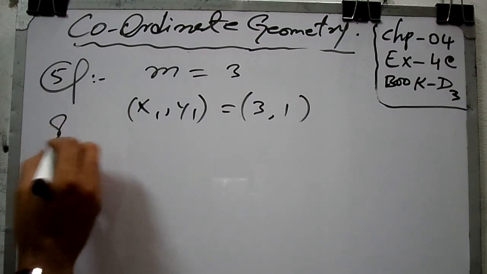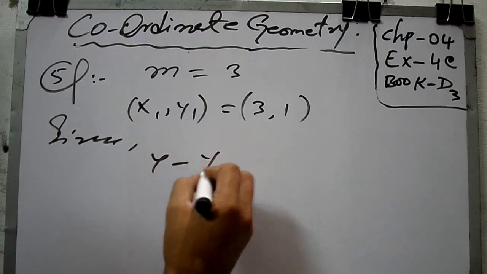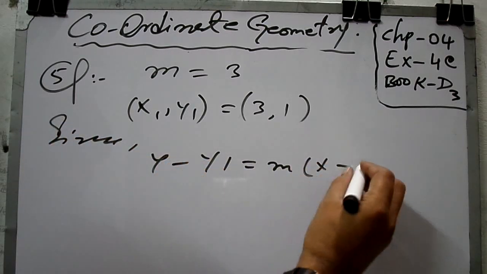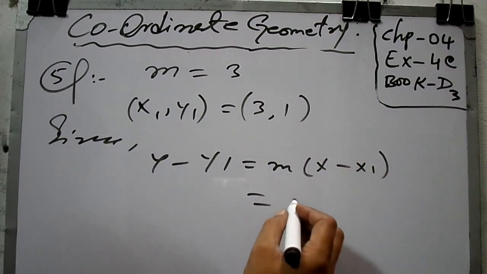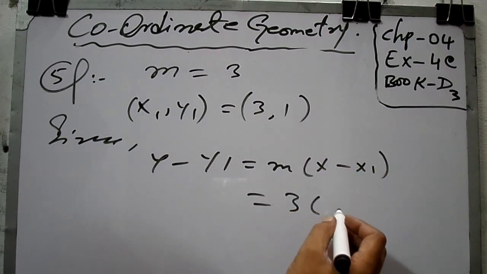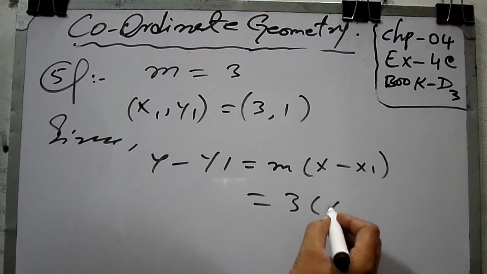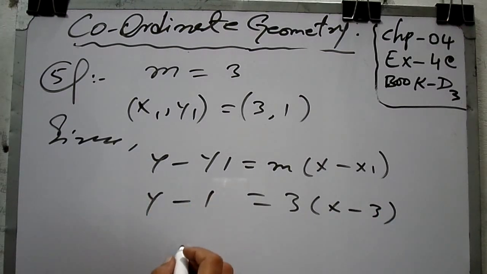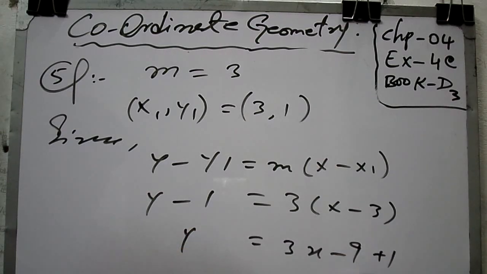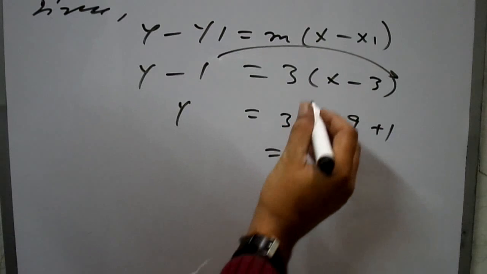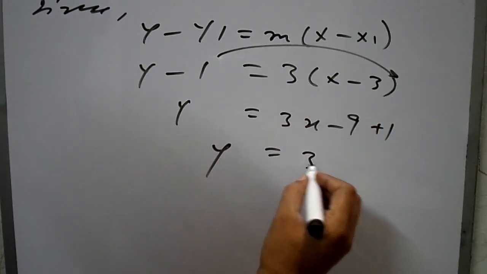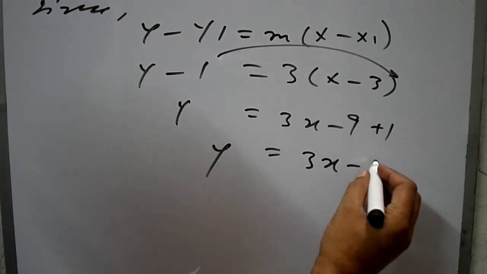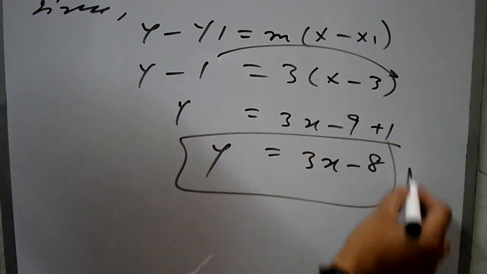So since we have the point slope form equation, y minus y1 equals m into x minus x1, putting the values, x1 is 3 and y1 is 1, so y is equal to 3 times (x minus 3) plus 1. After multiplication, the value of y is 3x minus 8. So that is your result.